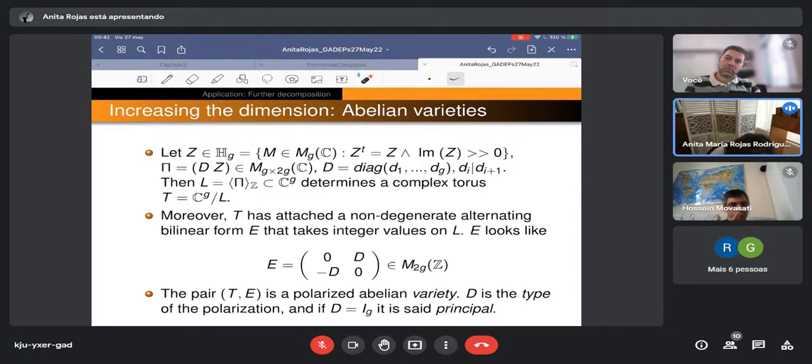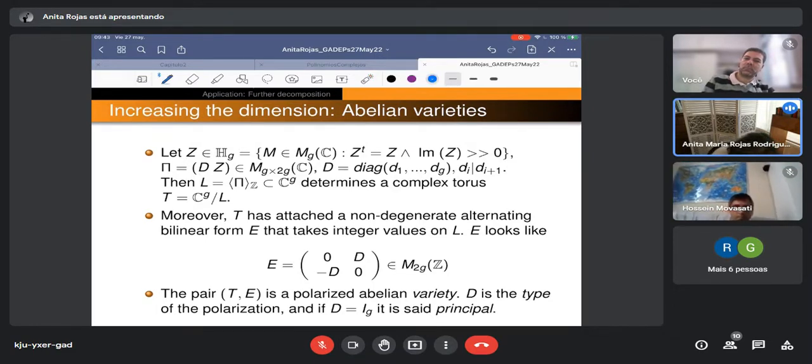And with that matrix, you can form this matrix, which has g rows and 2g columns with complex coefficients. D is a diagonal matrix, and the coefficients in the diagonal have this property. With that matrix, you produce a lattice now inside C to the g, and with that quotient, you produce a complex torus of dimension g now.